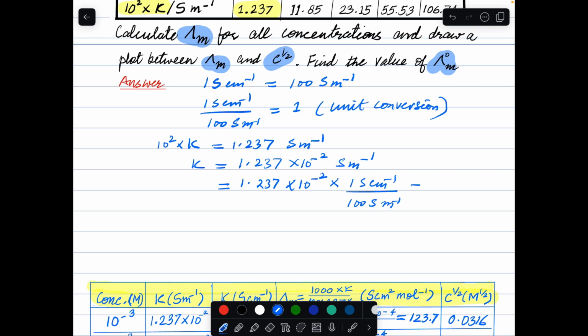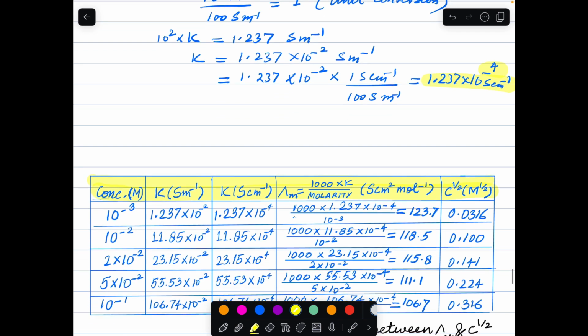So we will be getting the value as 1.237 into 10 raised to the power minus 4 Siemens per centimeter. This is the value that we are putting here. The first value was this, and the value in terms of Siemens per centimeter is this one. I hope it is clear.